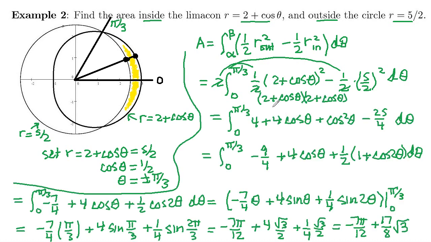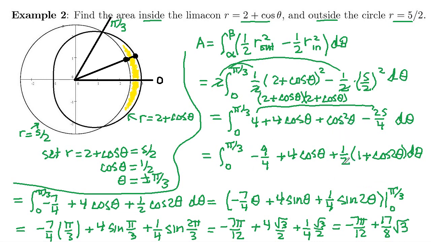Alright, so you first should have FOILed out this 2 plus cosine squared. So 2 plus cosine squared gives 4 plus 4 cosine plus cosine squared. 5/2 squared is 25/4. Then combine your numerical terms, gives -9/4. This we know how to integrate.